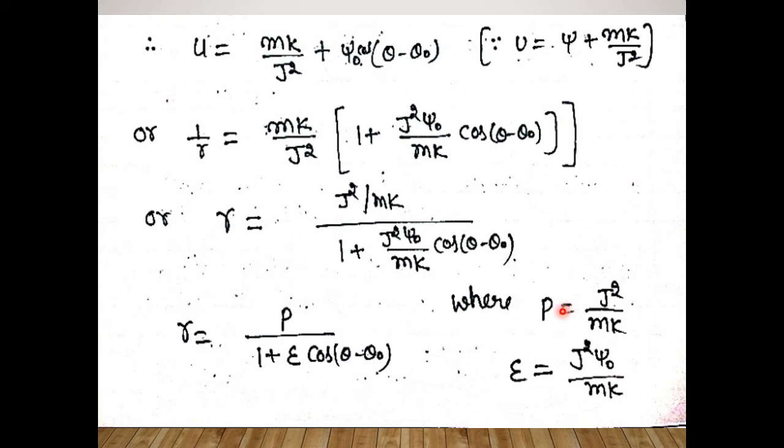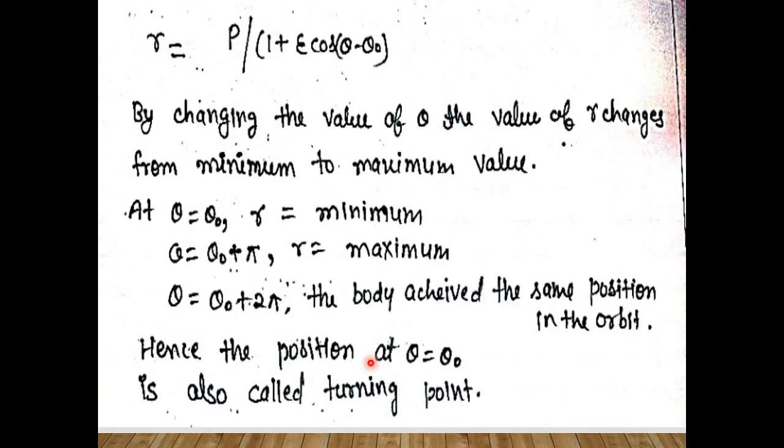If we put j square upon mk equals p and j square psi 0 upon mk equals epsilon, then this will become r equals p upon 1 plus epsilon cos(theta minus theta 0). Now what r becomes? r will be p upon 1 plus epsilon cos(theta minus theta 0).